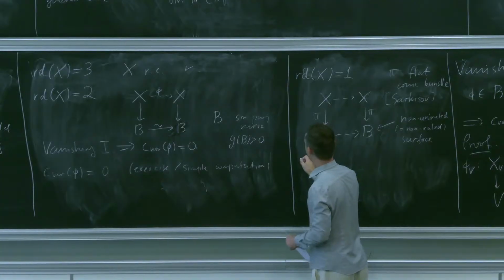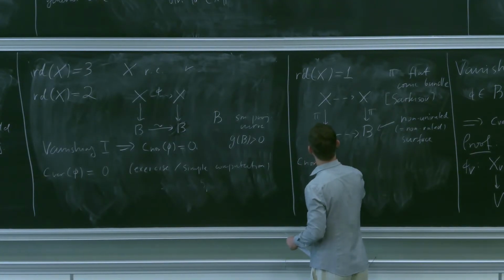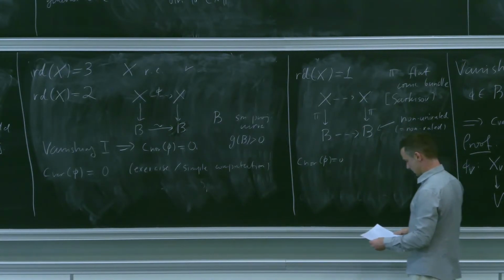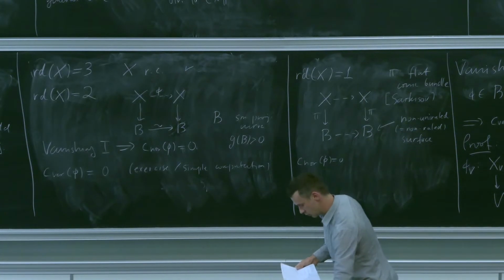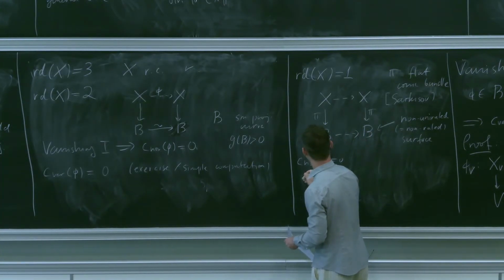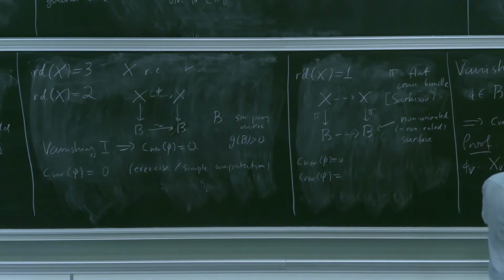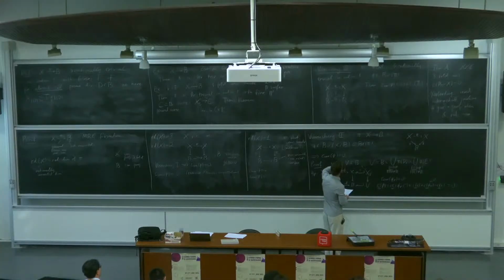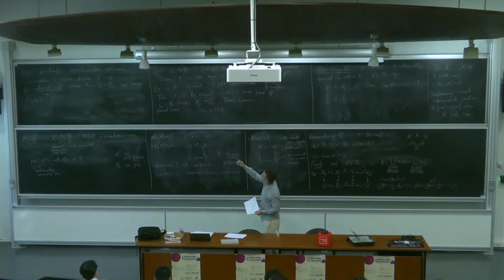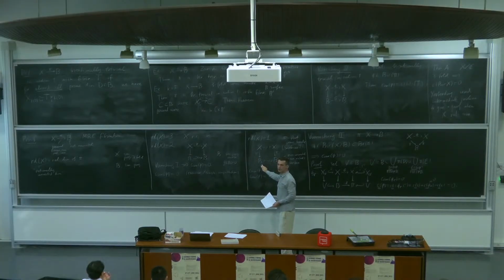So again, the horizontal invariants are 0, just because the fibers are curves. And for the vertical part, we're using what I call vanishing 3, because the main example for this concept of birationally trivial in codimension 1, which wasn't obvious, was this setting: the conic bundle over a surface.